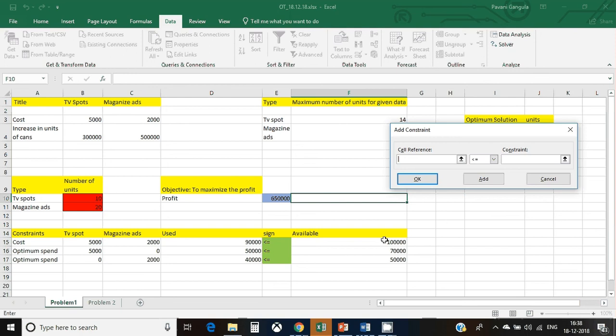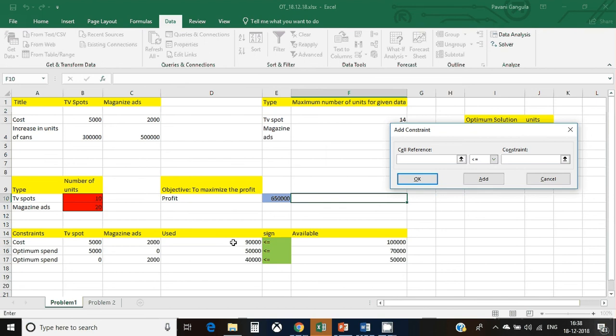The first constraint is given by this particular cell value cannot go beyond $70,000. Click on Add. The next constraint is this particular cell value cannot go beyond $50,000. Click on Add.